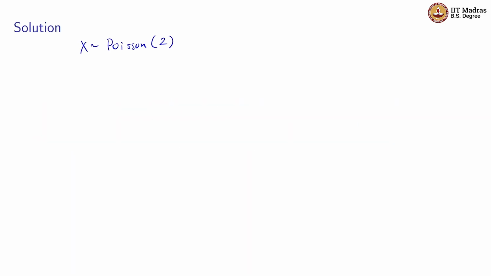So the lambda here is 2 for x, and y is following Poisson distribution with lambda 3, and z is equal to x plus y, and we have to find the conditional distribution.